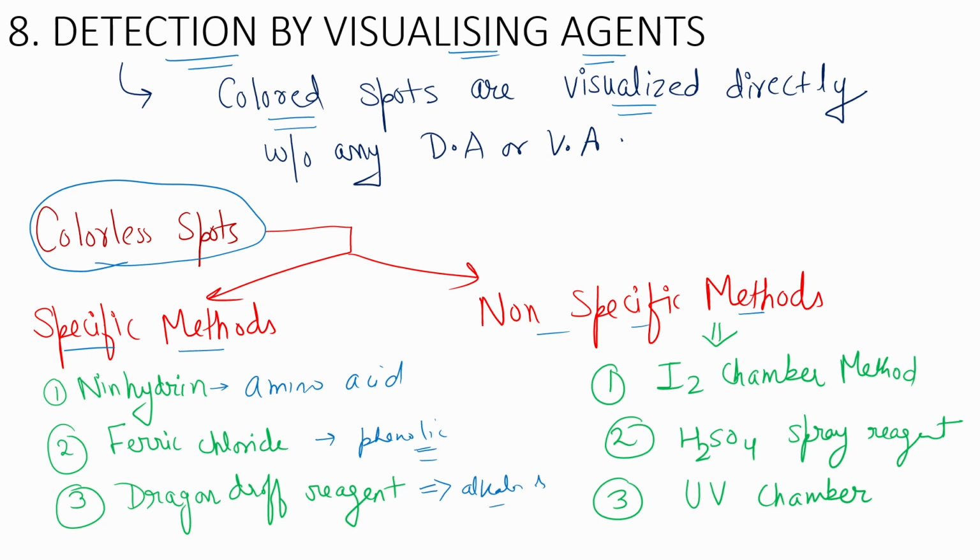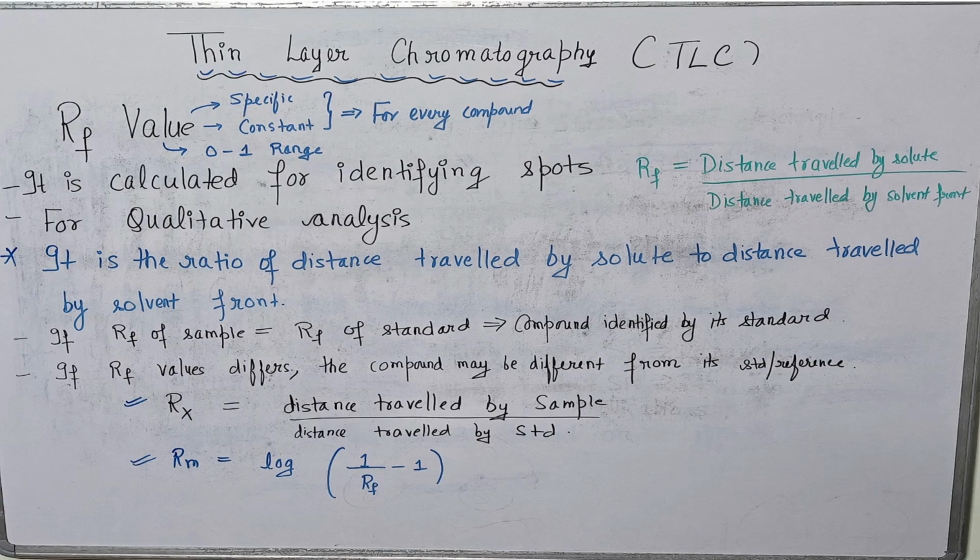These are specific reagents for specific categories of drugs. And if we do not know the category of the drug, then we can use the non-specific method, which consists of iodine chamber, sulfuric acid spray reagent, and UV chamber. These are the types of detecting or visualizing agents that can be used.